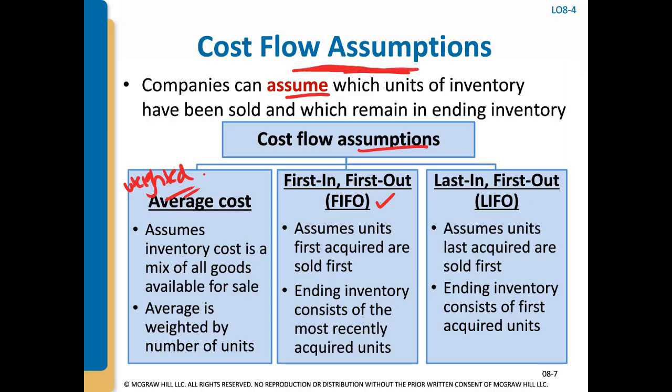And LIFO, which is what we're going to go over today, is last in, first out, and that assumes that the units last acquired are sold first. So the units that a company most recently purchased are the first to be allocated to cost of goods sold, which typically means that the ending inventory consists of the older units. Usually that means a lower ending inventory number than FIFO.